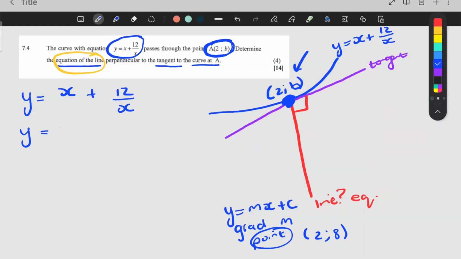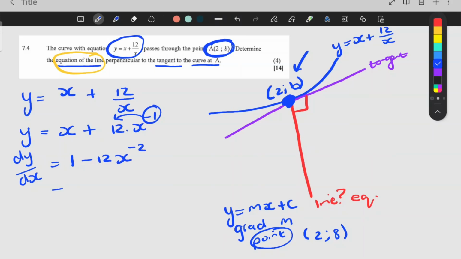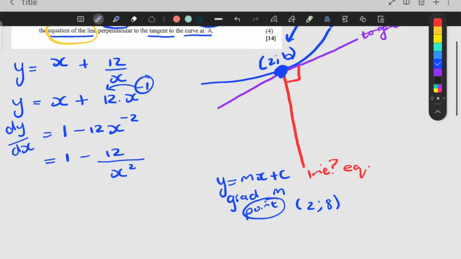The x cannot be in the denominator, so this becomes x to the negative 1. Now I'm going to derive. This becomes 1, and this times this is negative 12 x to the negative 2. If you want to rewrite that as a positive exponent, bring only this part down, and this becomes x to the positive 2. So this is the expression for the gradient.